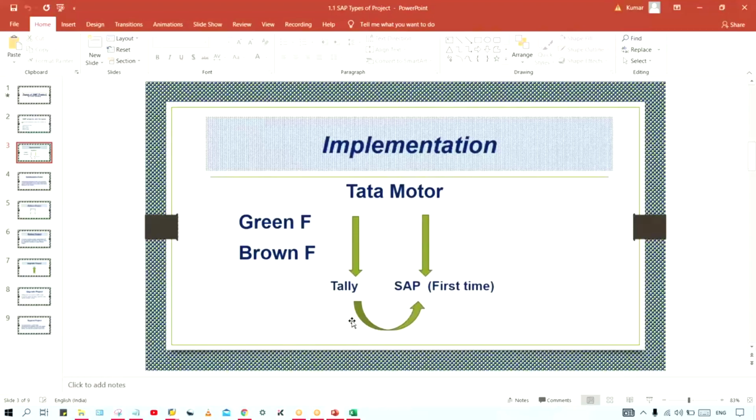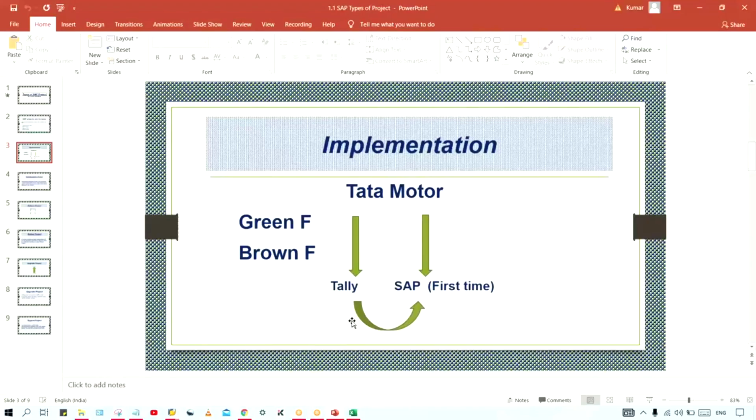Let's suppose Tata Motor is using Oracle, then their consultant will install and configure the system, and then Tata Motor employees will start using that. So Tata Motor employees are called users, right? And the people who have installed Oracle and configured it as per their requirement are called consultants.